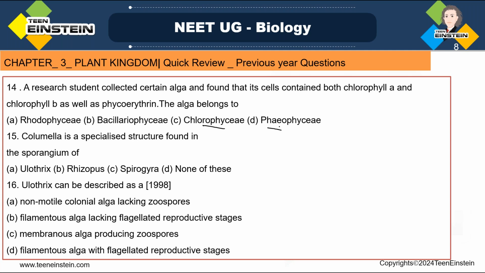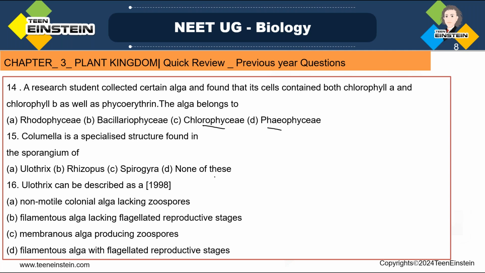In Phaeophyceae, which pigments are there? Chlorophyll A and chlorophyll C, and carotenoids, carotenes and xanthophylls.